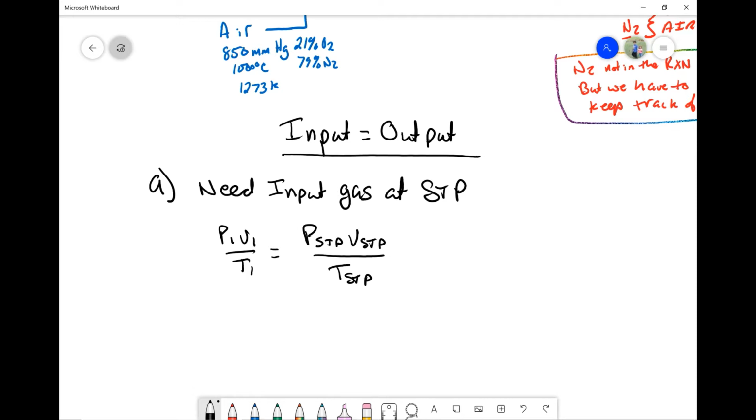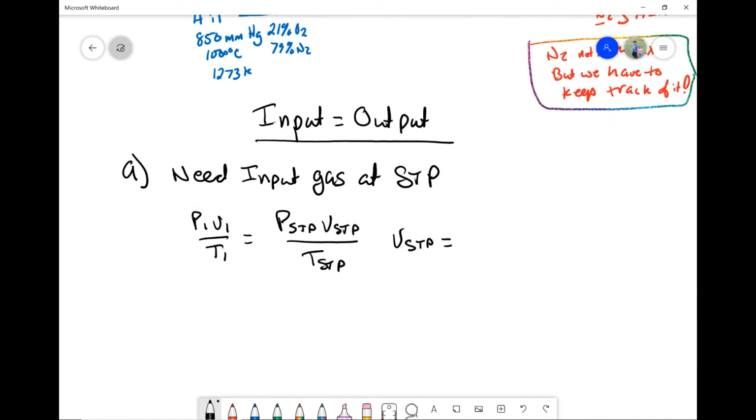Let's rearrange it. We want to know what V_STP is. So the volume at STP equals P1 V1 T_STP over T1 P_STP.